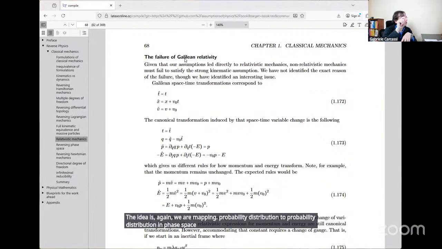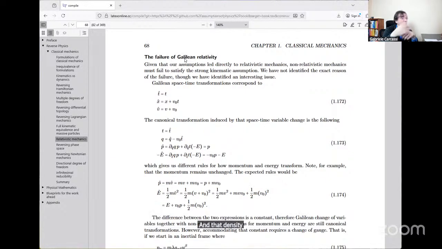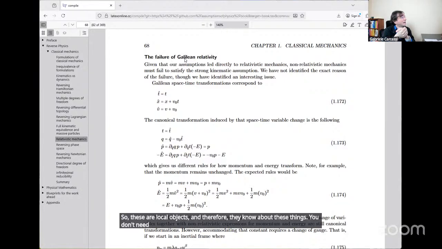At a single point you have a density that is defined, and that density knows about the neighborhood, because it is a probability or mass density: some amount of mass inside a small area divided by the number of states. These are local objects, and therefore they know about these things. You don't need to coarse grain anything.